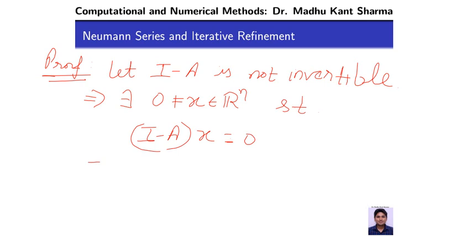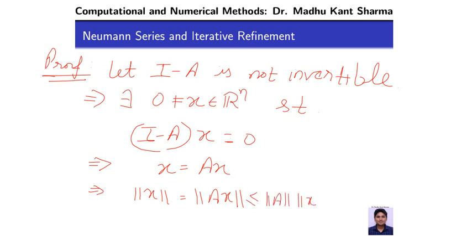Now if you rewrite this, it is nothing but x equals Ax. Now this implies norm of x is equal to norm of Ax. Since this is a subordinate matrix norm, this is less than or equal to norm A times norm x. Now it is given that norm A is strictly less than 1. So this is going to be strictly less than norm x, which is not possible because x is a non-zero vector, so norm x is a non-zero number.